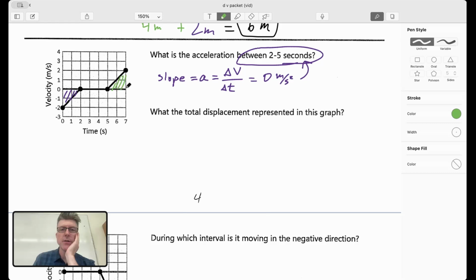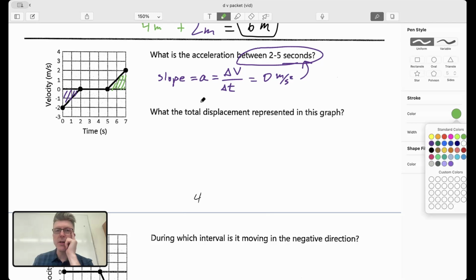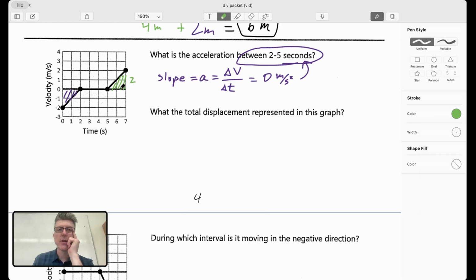So let's add up both of those areas. Well, this one's negative, right? So this one here is positive. So we've got 1 and then 2. So this is 2. It's half of 4 because it's 2 by 2. Then you take half of it. So that's 2. Okay, that's 2.